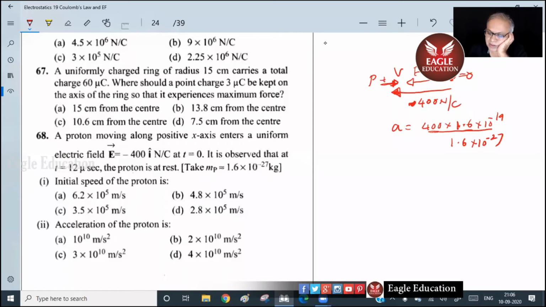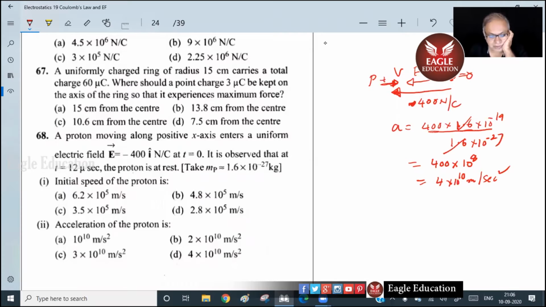So acceleration is 400 into 10 to the power 8, that is, 4 into 10 to the power 10. So much acceleration. I don't know why he gave this, but it doesn't matter.